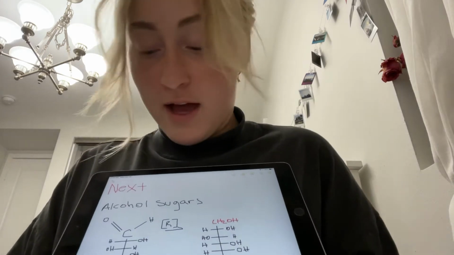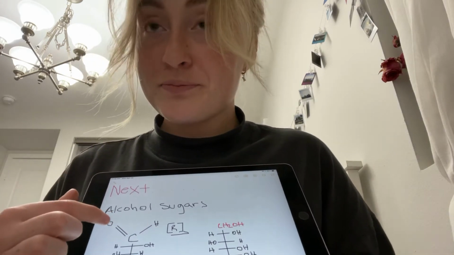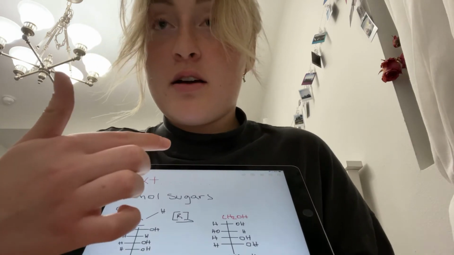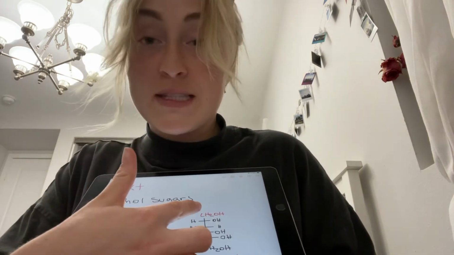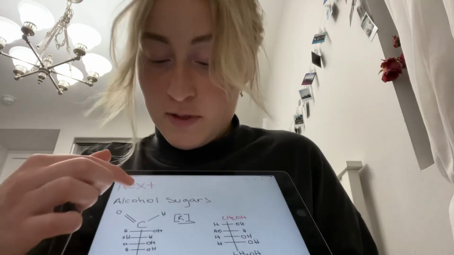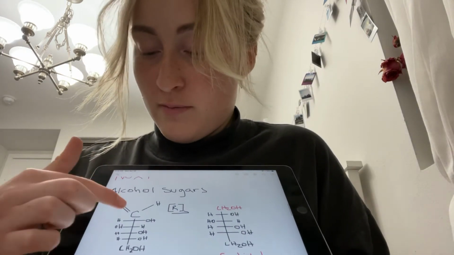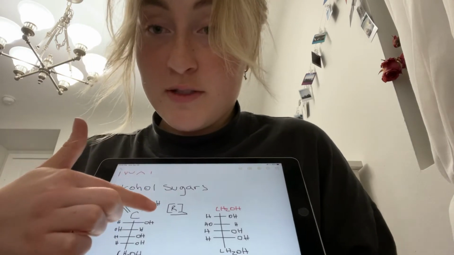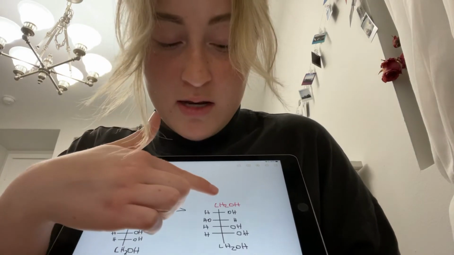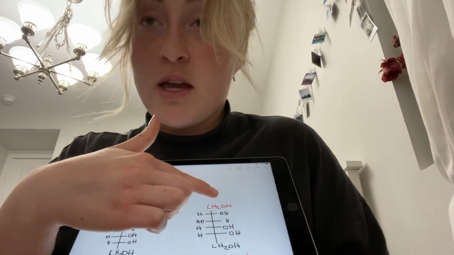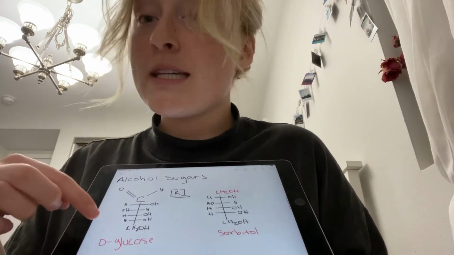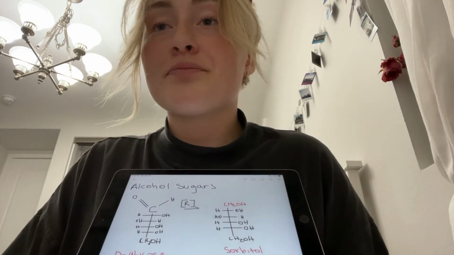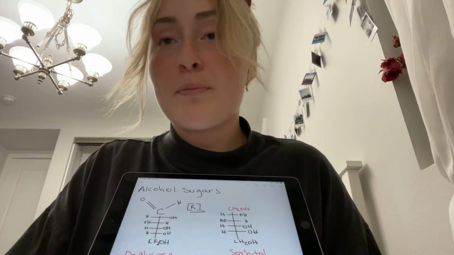So instead of having this double bond of the carbonyl group, now we have an OH group, a hydroxyl group instead. As you can see, it went from the carbonyl group, reduced, this is the form for reduced, and then to a hydroxyl group. And this changes the name from D-glucose to sorbitol, which is an alcohol sugar.